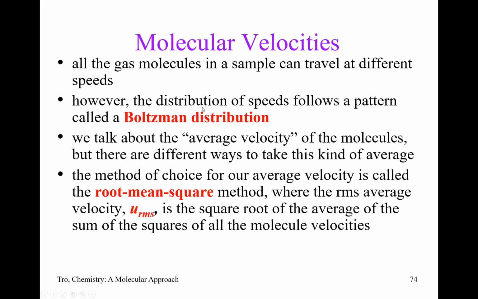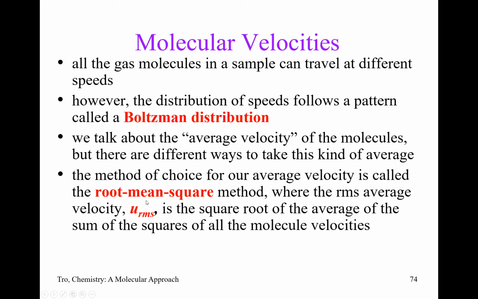But when you have large numbers of things, and remember Avogadro's number, you have a huge number of atoms. So in a gas, you have a large number of particles, and there's this distribution, and it behaves by what's called Boltzmann's distribution. He's attributed with discovering it. But what we actually talk about is the average of what all the molecules are doing.